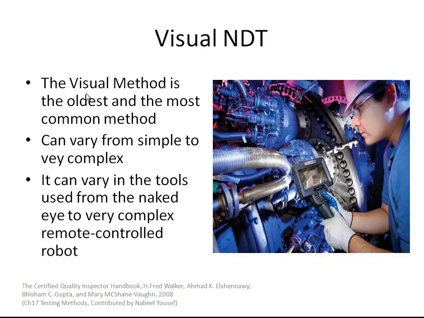The visual method, as we can see in this figure here on this slide, is the oldest and the most common method, and it can vary from simple to very complex.